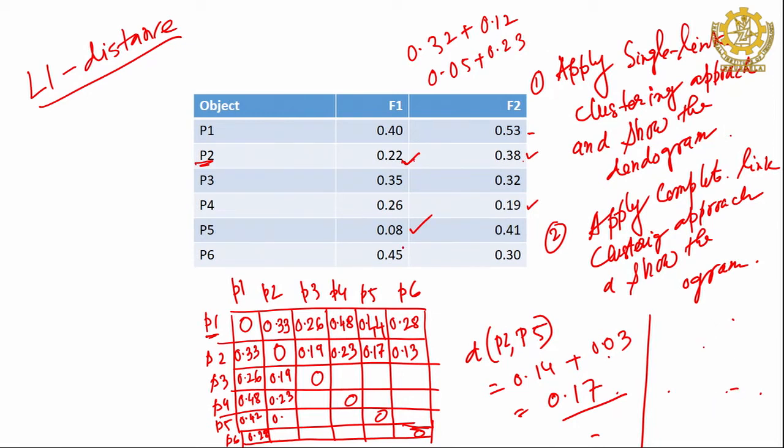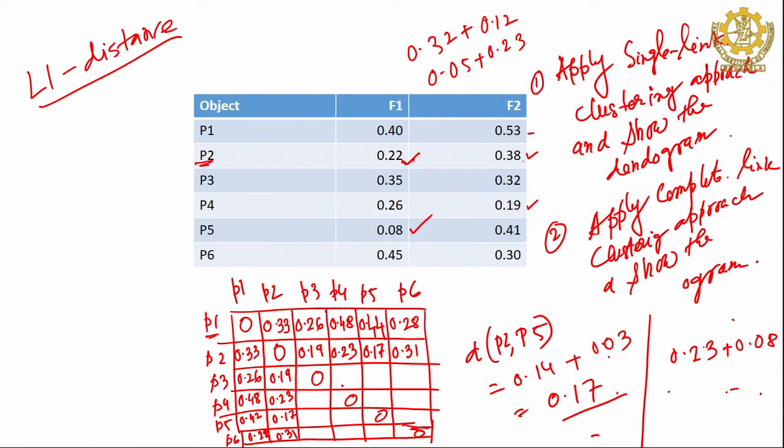P2 P6 is 45. So this is 0.23 plus this is 0.0, P2 P6, right, 8, so 0.31.